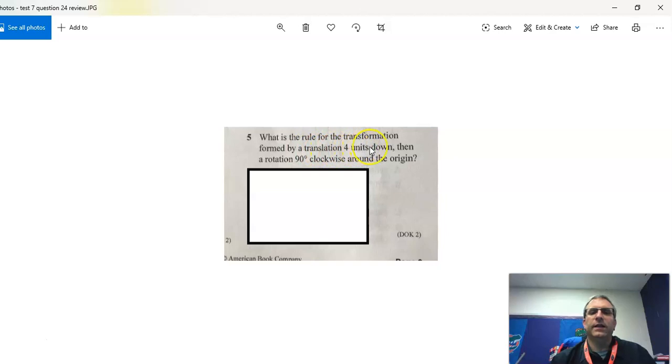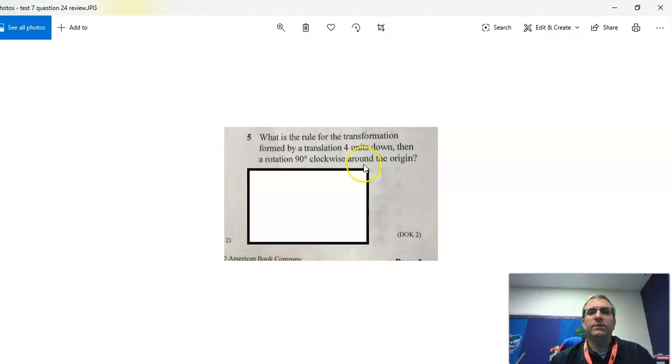Formed by a translation 4 units down. So it's going to go down 4 units and then rotate 90 degrees clockwise. And remember, when you go 90 degrees clockwise, your y value changes its sign and becomes the new x, and your x value becomes the y.